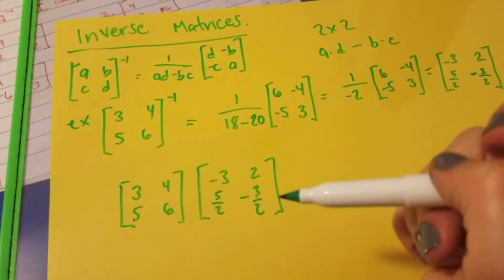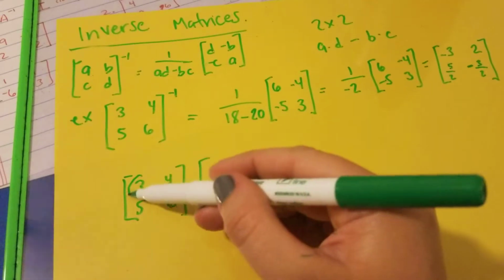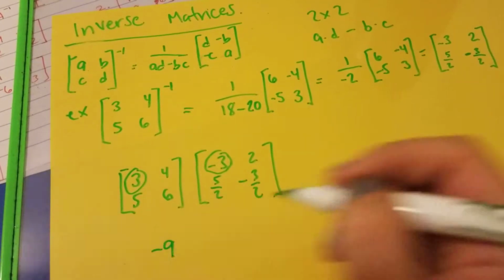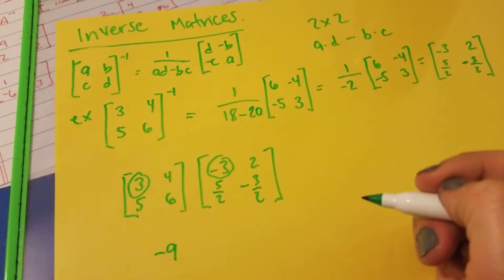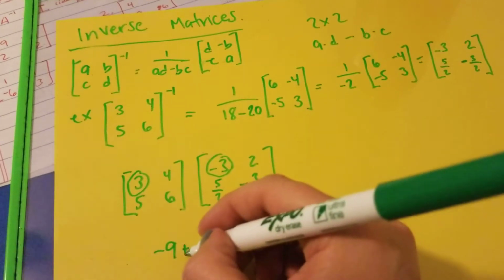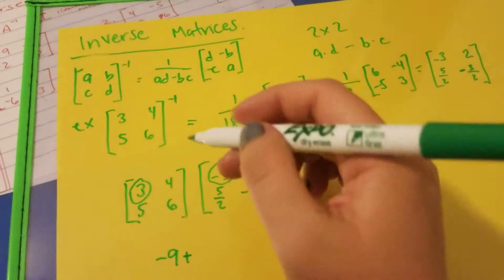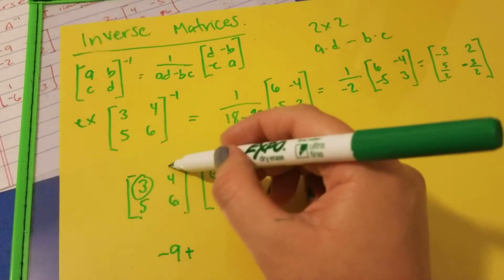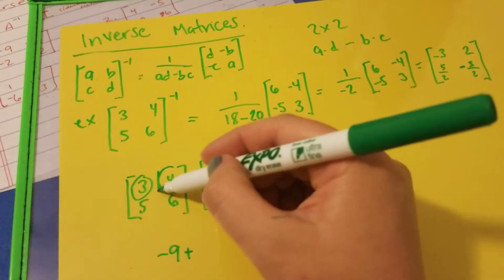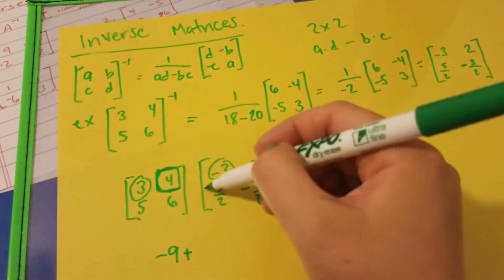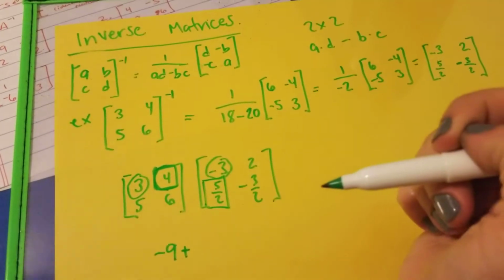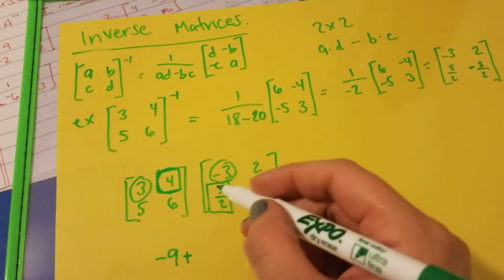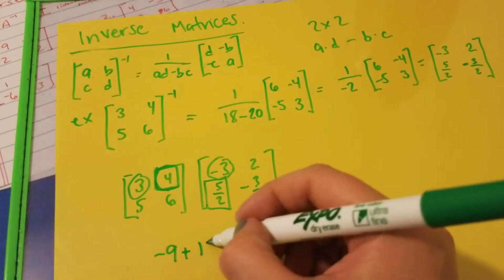So to multiply matrices, remember it's the first one times the first one: 3 times -3 is -9, plus the second one times the second one: 4 times 5 is 20, 20 divided by 2 is 10.